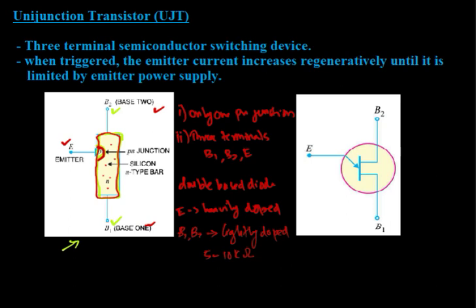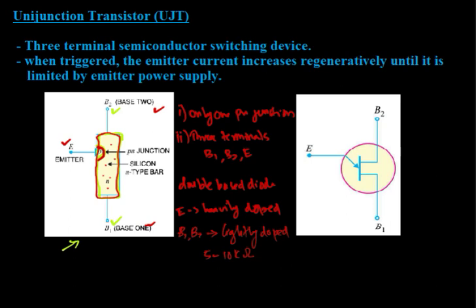So in introduction to this unijunction transistor, what you have to remember is that in a unijunction transistor, even though it has three terminals, there is only one PN junction. Here the two terminals are taken from the N-type bar, which forms the base of the transistor, and these two terminals are named as base 1 and base 2.